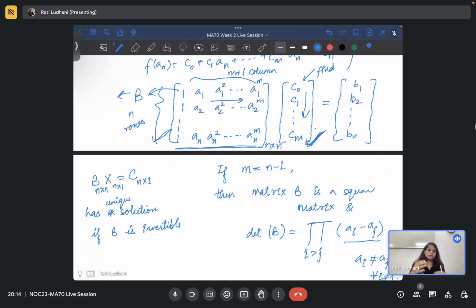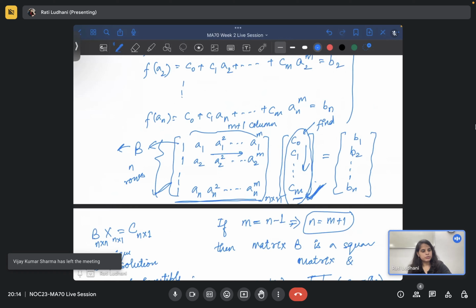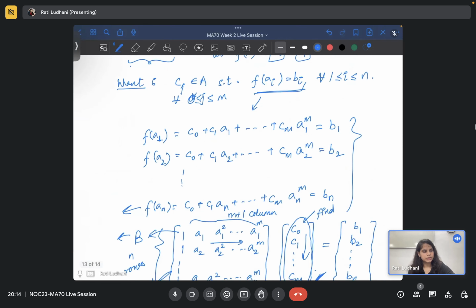So you have m plus 1 variables, and n is equal to m plus 1, so you have n variables and n equations. You can solve it because B is invertible. The ci were the variables we needed to figure out. When you invert B, you will get values for the ci, and that gives you f, such that f of ai is equal to bi.